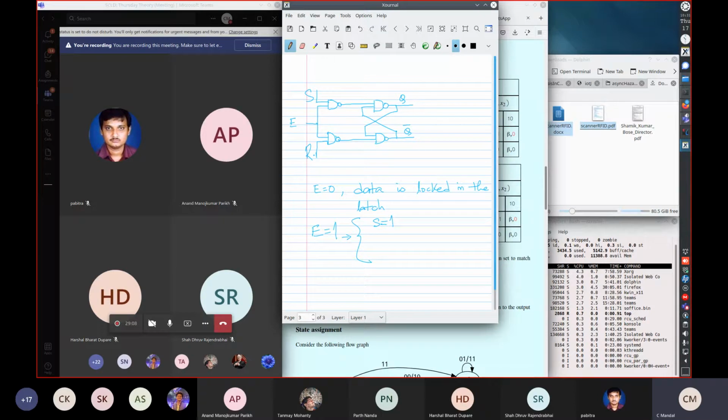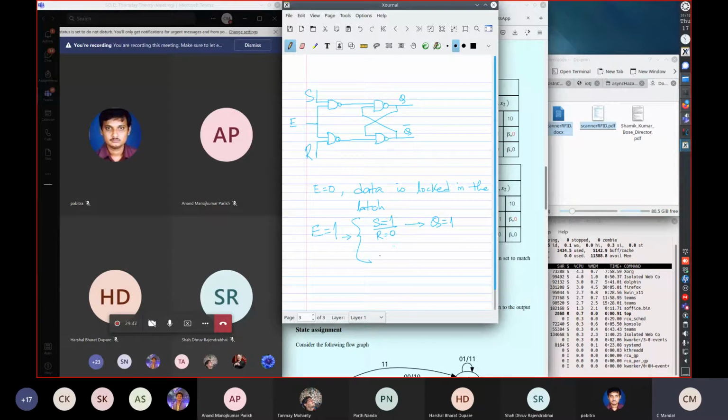So if I make S 1, this one becomes 0, right? When this one becomes 0, Q is equal to 1. So S is 1 and R is 0.